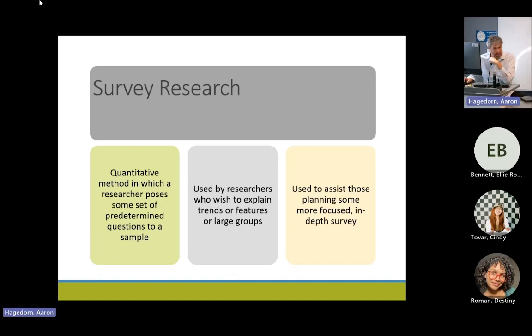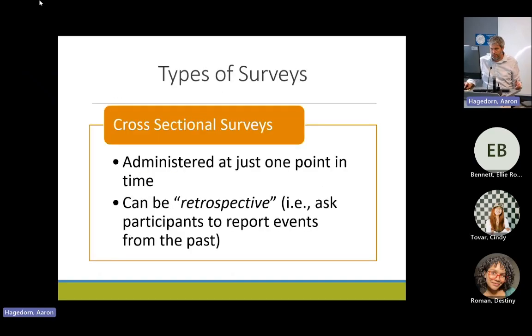But typically what we do is what's called cross-sectional. Cross-sectional means one person, one time, and you only get them once. You can do it again with different people, but you have different cross-sections. And most of our understanding about trends and social trends, what's happening, is cross-sectional studies that are compared.